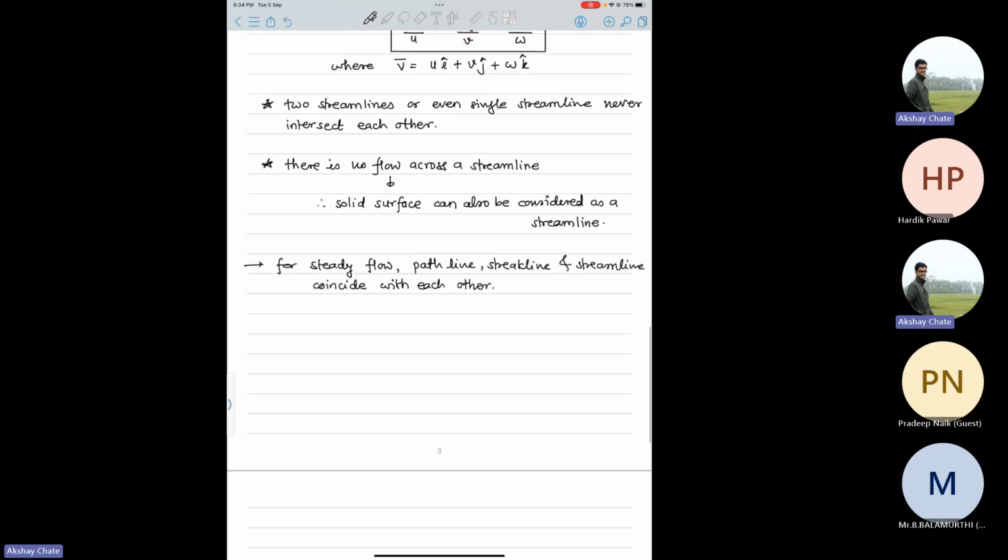The question is, the velocity field is given as 5x cube i cap minus 15x square y j cap, and it is asked to find the equation of the streamline.